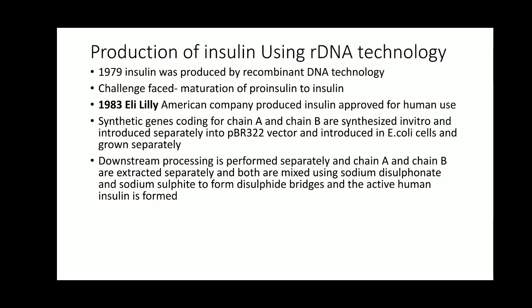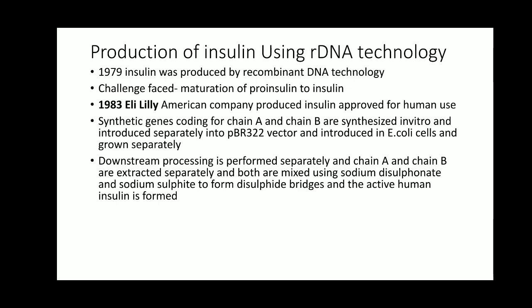To develop these disulfide bridges, the chain A and chain B that are extracted separately are mixed together using the chemicals sodium disulfonate and sodium sulfite, which is going to form the active human insulin. Clear, students?